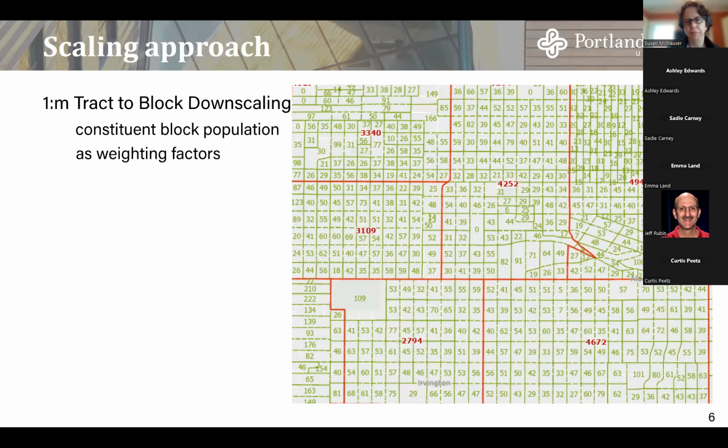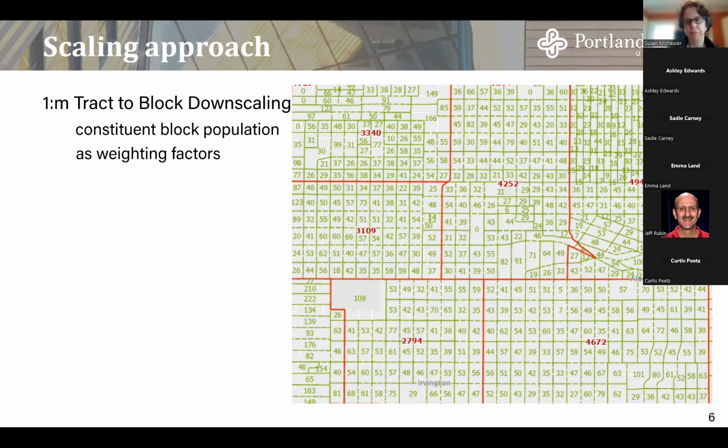So the first thing we did was to develop a weighting surface, which assumed that a particular characteristic is equally allocated within a tract in proportion to the population of each block within a tract. And so that's what you see here. The red lines would be a tract and the tract population, and the green lines are individual census blocks and the block population associated.